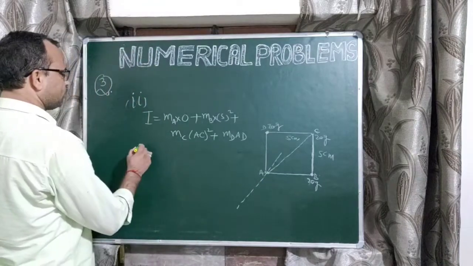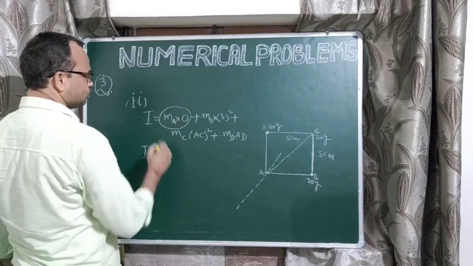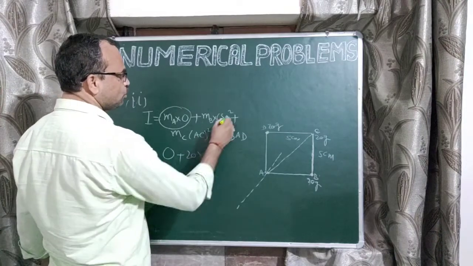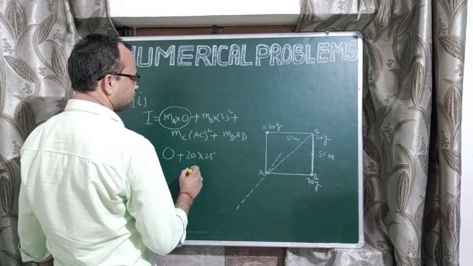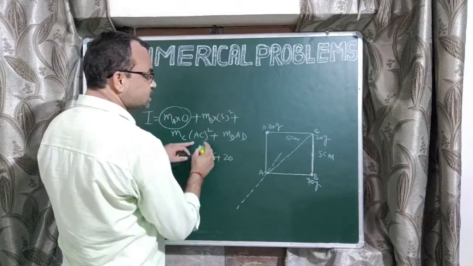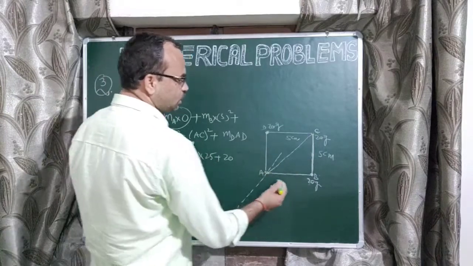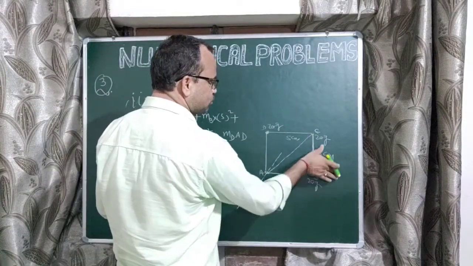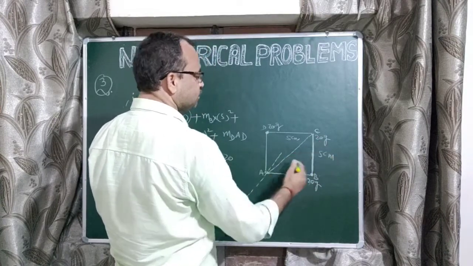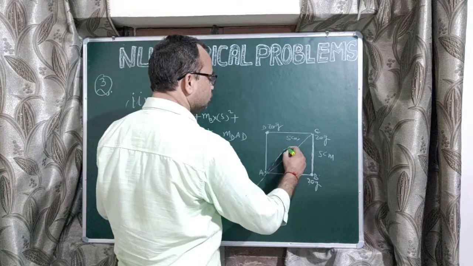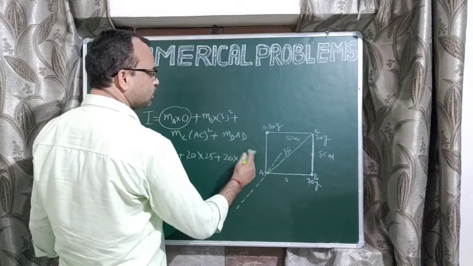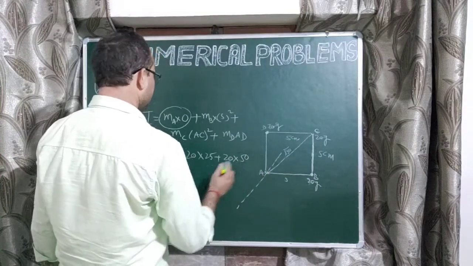So now substitute the values. I equals first term 0, plus mass given 20 gram into 5 square, 25, plus MC means 20 gram into AC square. What is the value of AC? This square plus this square, 5 square means 25 plus 25, how much is that, 50, so root of 50 whole square means 50.